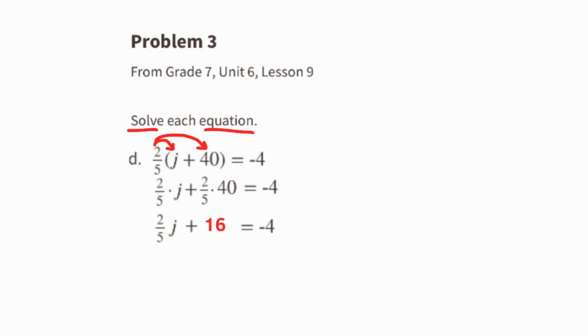So now we can rewrite this equation as 2/5 j plus 16 equals negative 4.